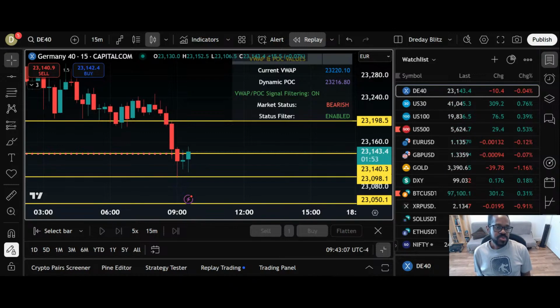So with the indicators here and the guidance that I gave you in regards to the market, you should be well positioned to be profitable here in the future.